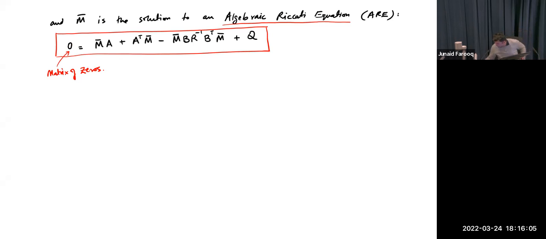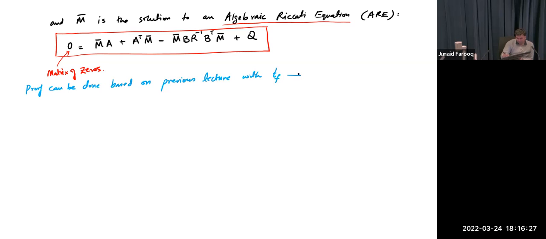The proof of this can actually be done if you go back to your previous lecture and let tf go to infinity. You can prove that the differential Riccati equation will eventually result in an algebraic one.